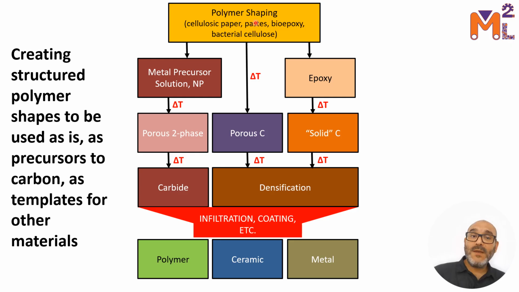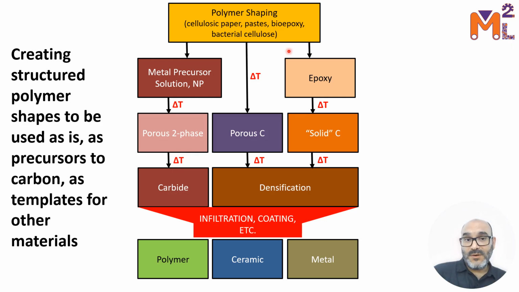So you can have the polymer shaping, then you can heat treat it directly, so you can start getting porous carbon. If you heat treat it further, you can start to densify that matrix. Now you could also have the precursor polymer. You can start adding a metal precursor solution, nanoparticles and else, such that you can have porous two-phase materials. Then if you keep heat treating it, you can actually derive carbides.